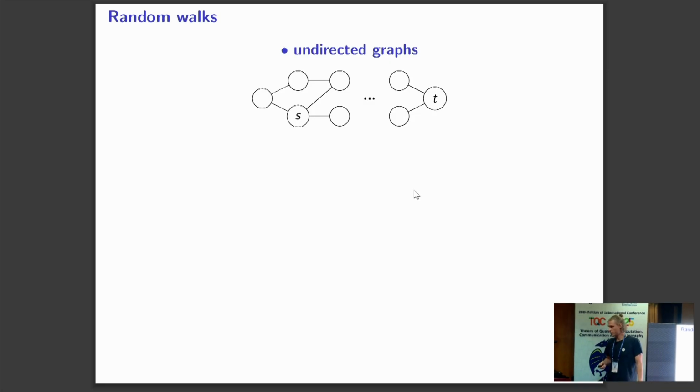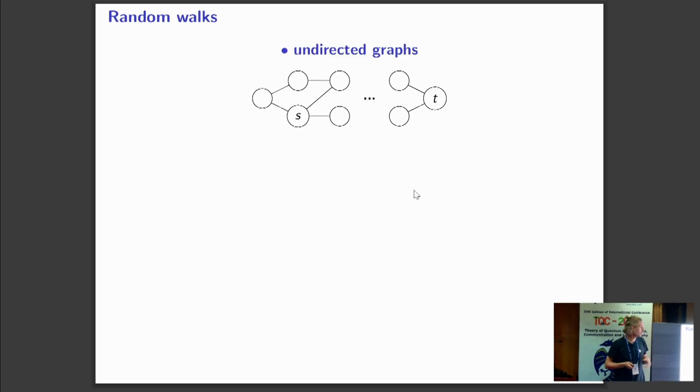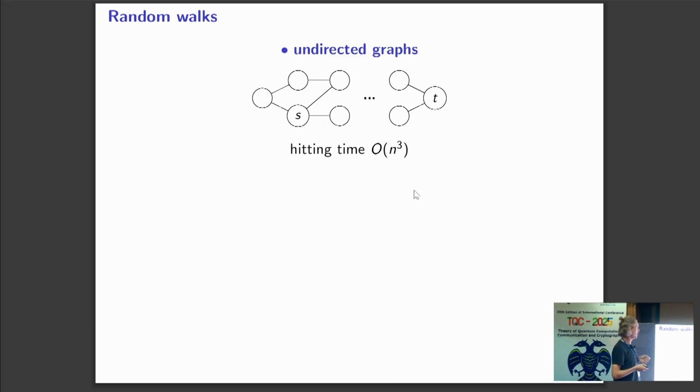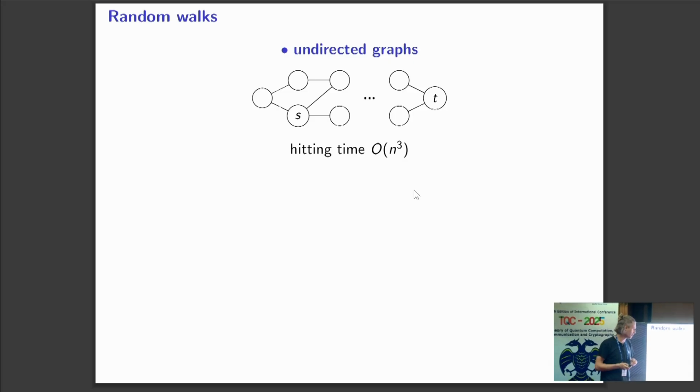But for starters, let's look at random walks on directed graphs and see where the difficulties arise when you want to do random walks on directed graphs. So on undirected graphs, a quantity known as the hitting time is order n cubed, right? So from any vertex, you can hit any other vertex in expected time order n cubed.